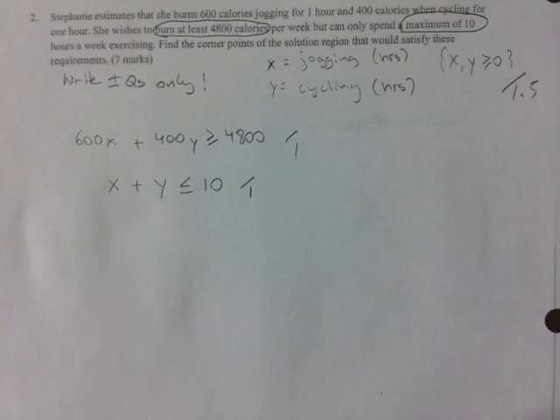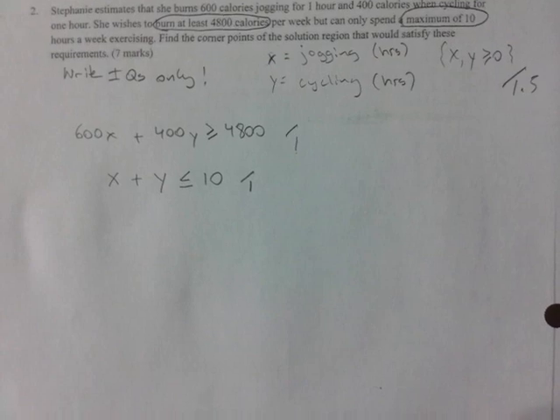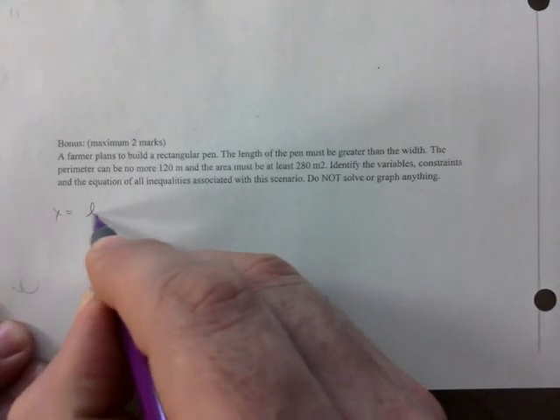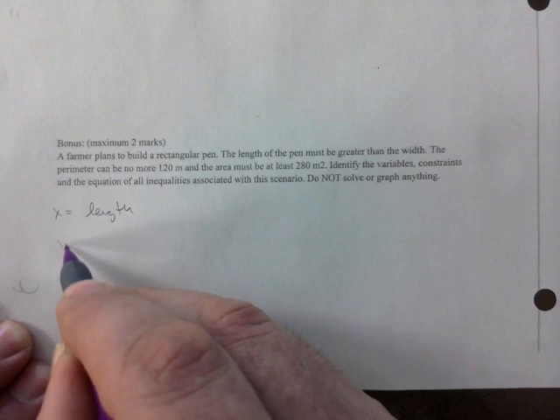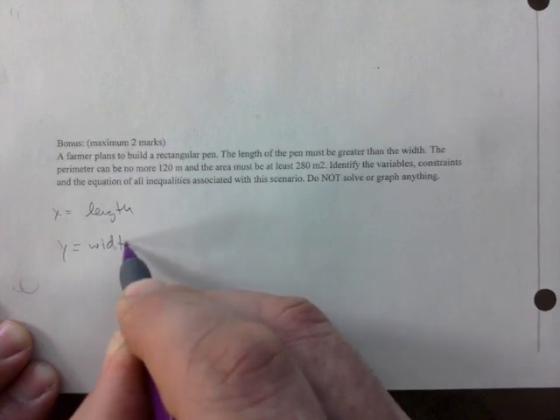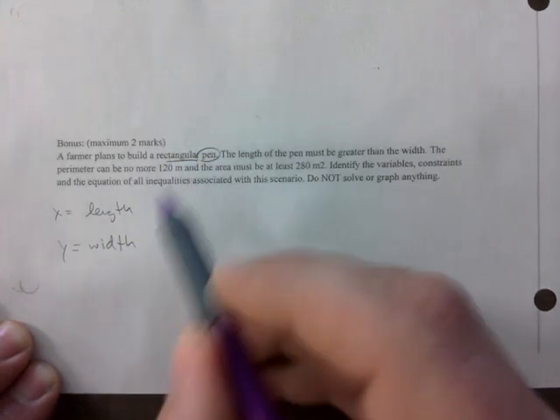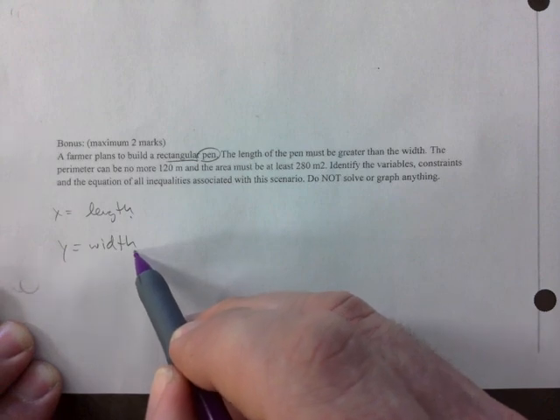3.5. And then if you want the bonus, here it is. If you tried it, it actually wasn't that bad, right? But you would have to let x be the length, y be the width. We're talking about a pen, a rectangular pen, so length and width.